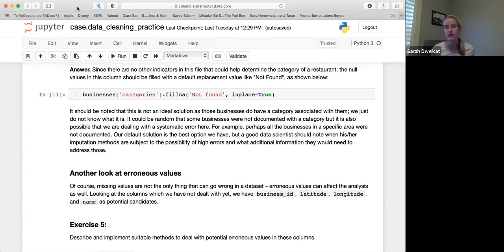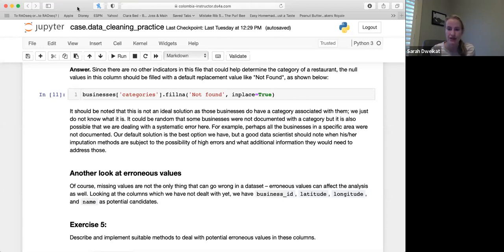While you're thinking about that, the reason we can't really do anything about business ID and name is that we don't have a database for what the correct name should be for the business, and we don't know what the correct business ID should be. So for now, we have to assume that the business ID that's in there is correct. We don't have anything to compare to.